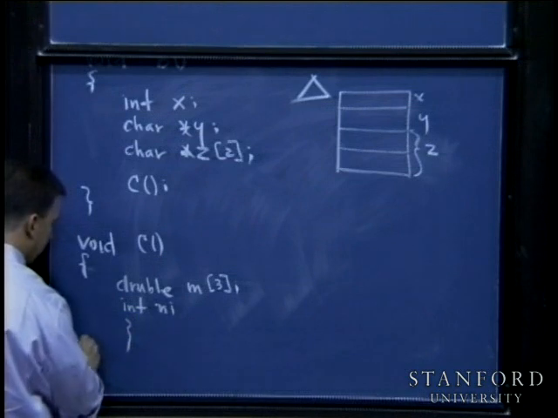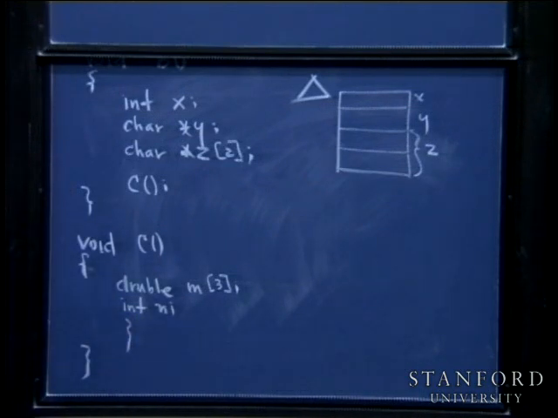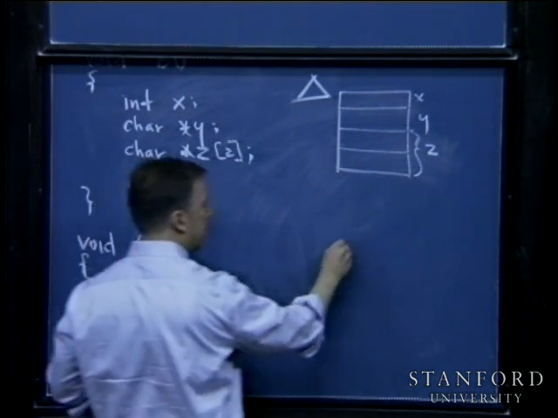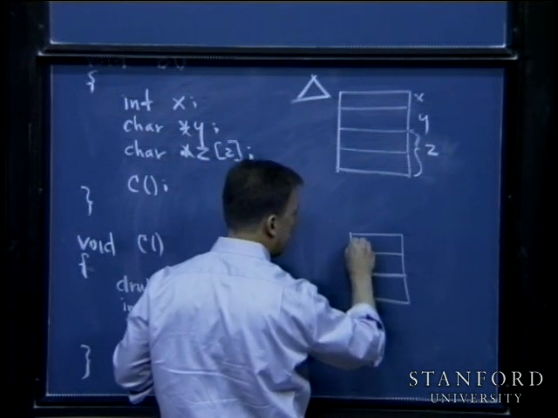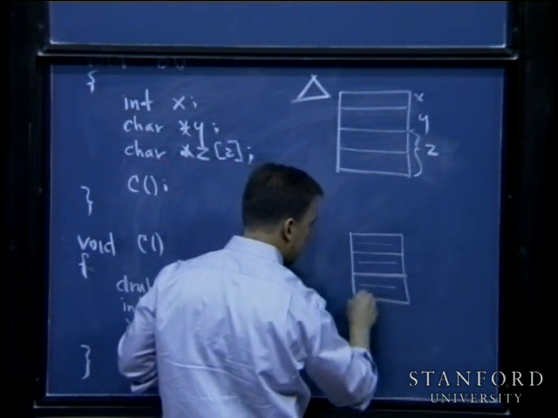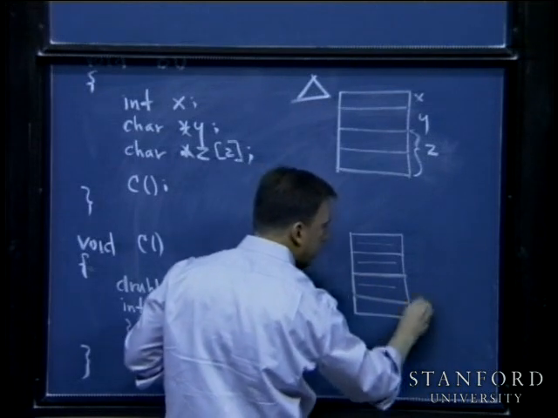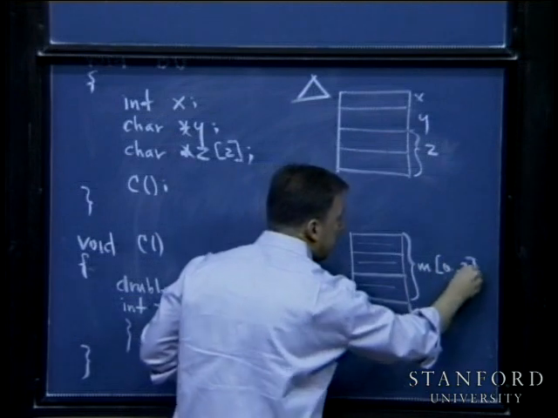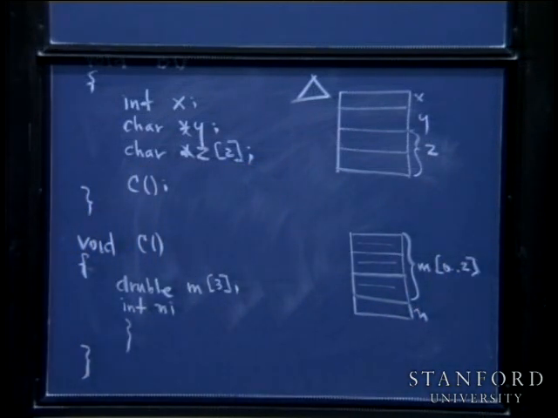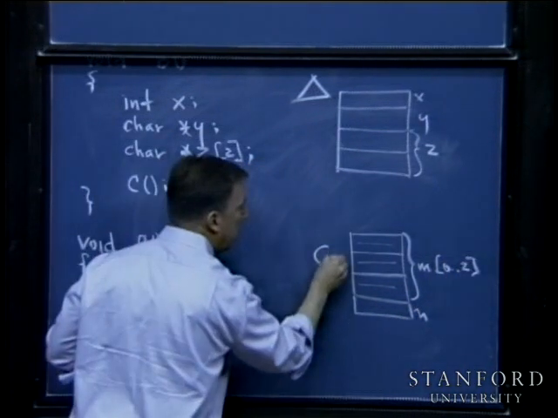And it doesn't do anything that involves any other function calls. The activation record for this would be big. There are 3 doubles, and there's a standalone int below it, n. This is all of m of 0 through 2. And I'm going to abbreviate this with a circle.